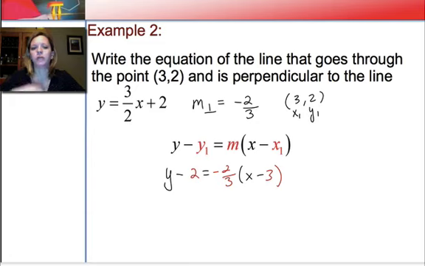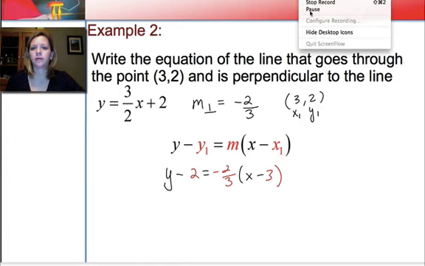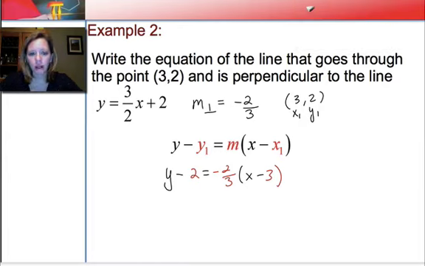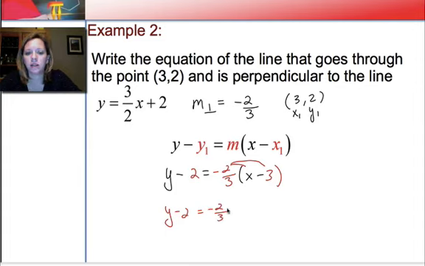Now what we want to do is distribute and then get y by itself. Okay, so when we distribute here, pay really close attention to your fraction, but I made it again so it works out pretty nicely. So this is going to stay y minus 2 on the left. Negative 2/3 times x is negative 2/3 x, and then a negative times a negative is a positive.